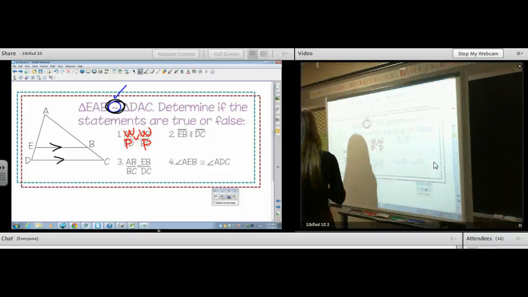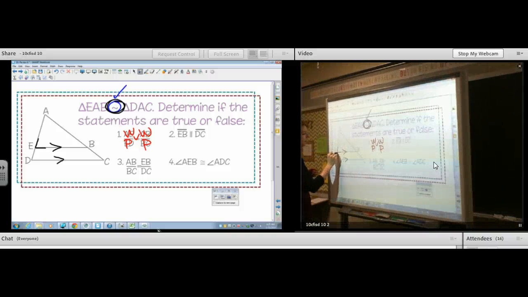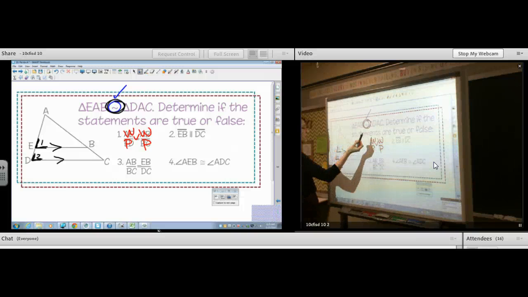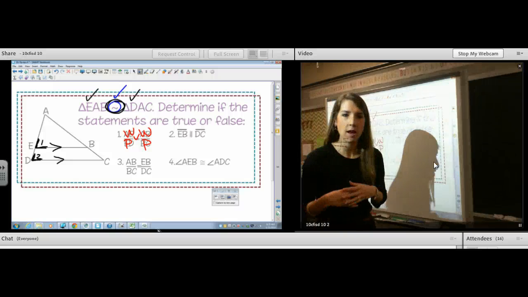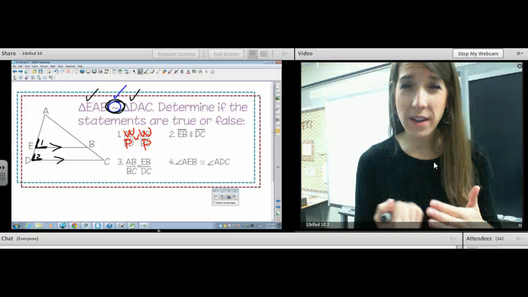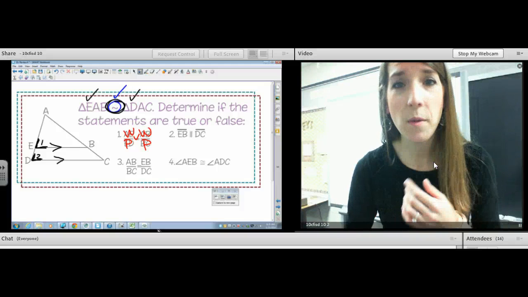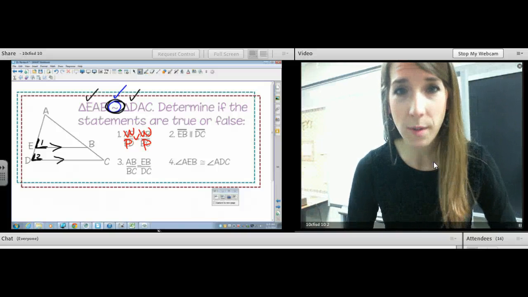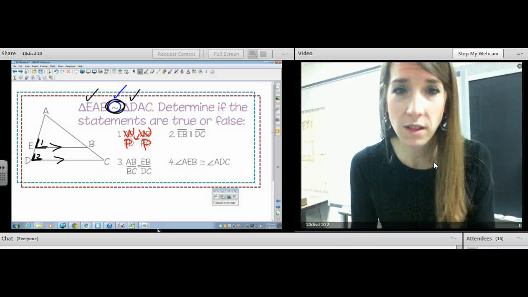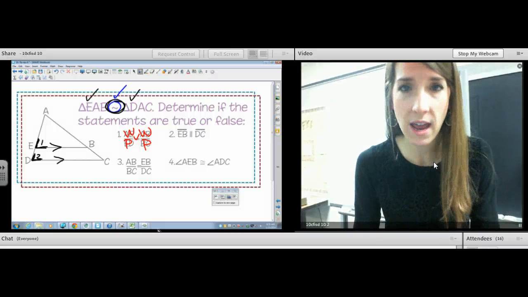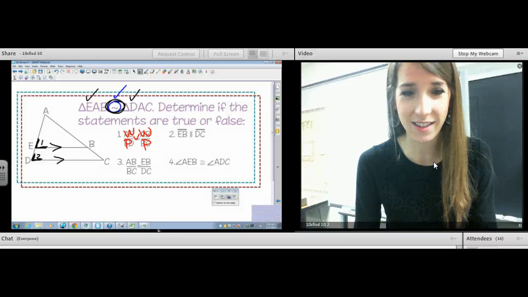So angle AEB is congruent to angle ADC. Angle 1 is congruent to angle 2. And the reason is because E is listed first and D is listed first. If triangles are similar, then their angles are congruent. Now, if angle 1 is congruent to angle 2, then what we learned last semester is that if corresponding angles are congruent, then the lines are parallel. So we proved the lines parallel because the corresponding angles are congruent. And that is the answer.